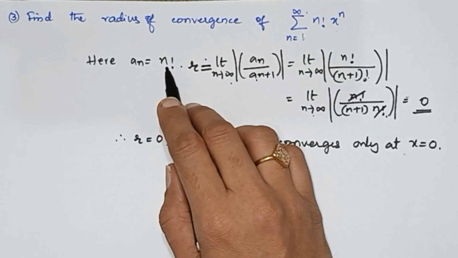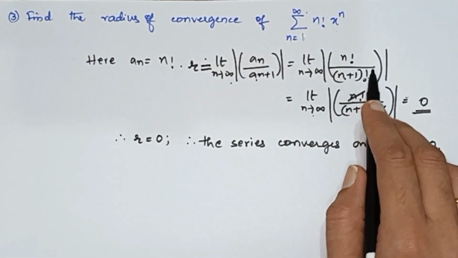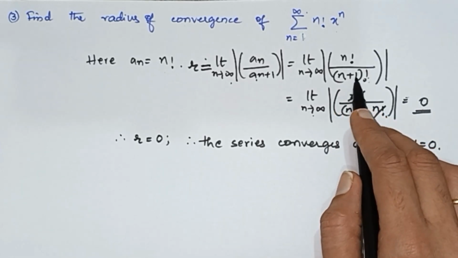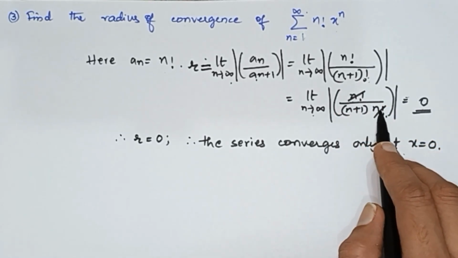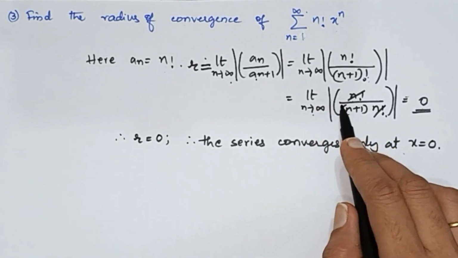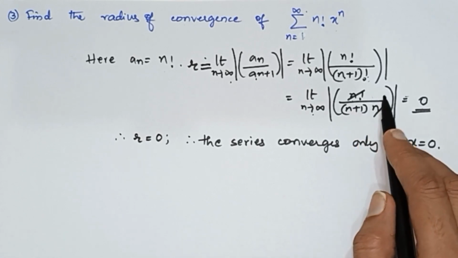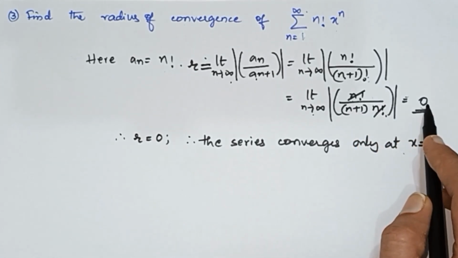So an is n factorial, hence an plus 1 is (n plus 1) factorial. Now (n plus 1) factorial can be split as (n plus 1) into n factorial. So n factorial cancels. When you apply the limit as n tends to infinity, this value becomes 1 by infinity, which is nothing but 0.